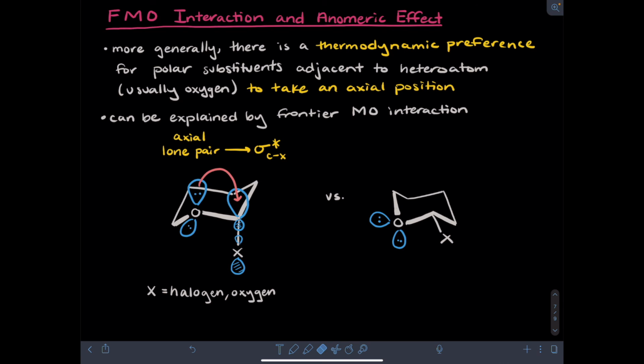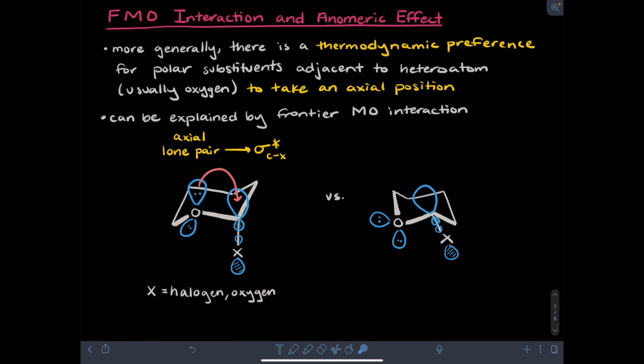Now let's consider the other conformation where the X group is equatorial instead of axial. Oxygen and its lone pairs are just fine. Now the other lone pair that was formerly equatorial becomes a down axial lone pair, and the lone pair that was formerly axial becomes up and equatorial.